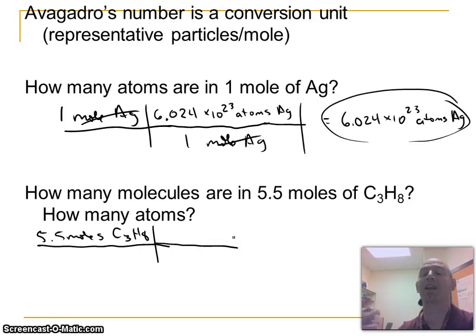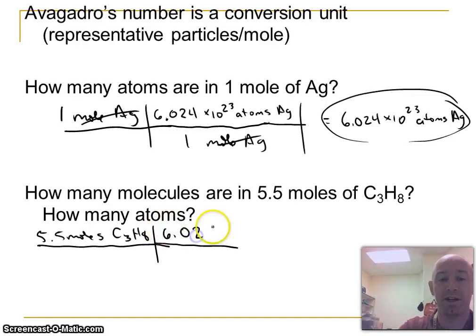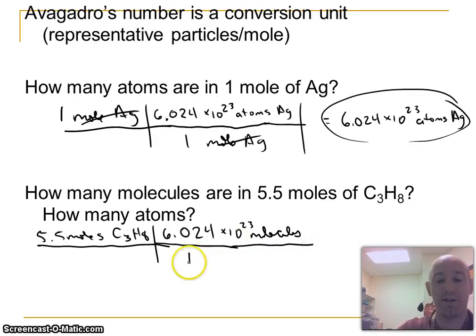C3H8 is a molecular compound. I cannot use atoms. I have to use molecules. So 6.02 times 10 to the 23rd. Notice I'm, again, putting it on top. 6.02 times 10 to the 23rd molecules. Man, that is the worst scrawl I've ever seen. Sorry about that. Per mole of propane.